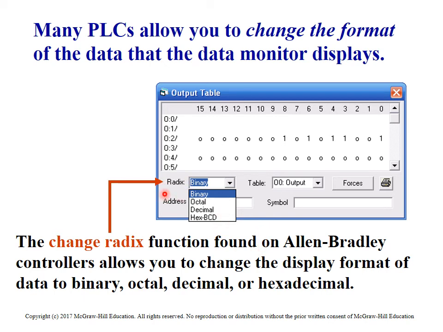Okay, so the radix, again, we talked about, you're able to change to different formats, and all the newer PLCs allow this as well, so you can switch it to display binary, decimal, hex. It's pretty handy to be able to flip back and forth. It gives you a means for converting from one memory system to another. If you need to know, for instance, the number of ones and zeros in a word, this is where hex really shines.